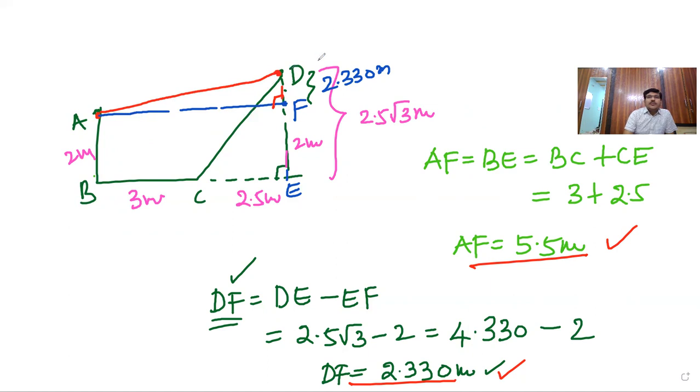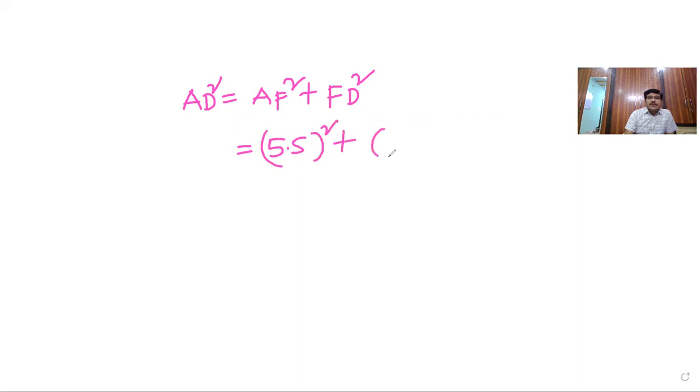Now, finally, AD square, the displacement, is AF square plus FD square. AF you got, that is 5.5 meters square, plus FD you got, 2.330 whole square.